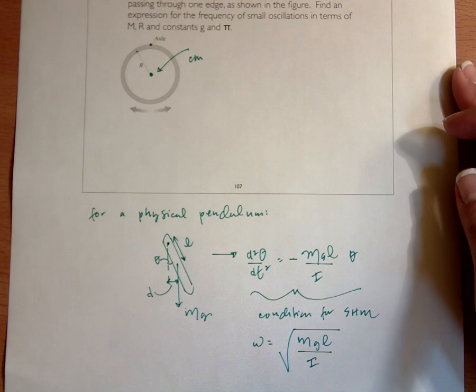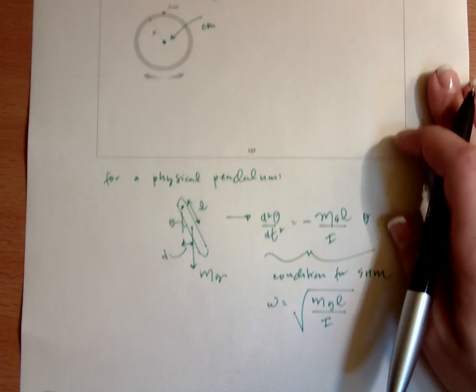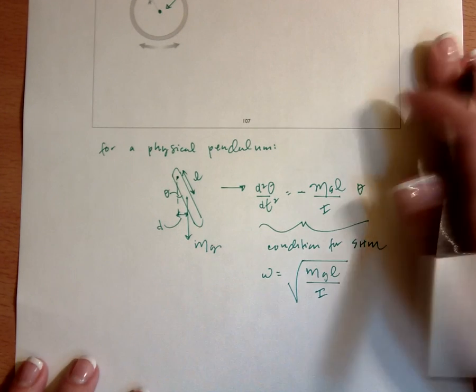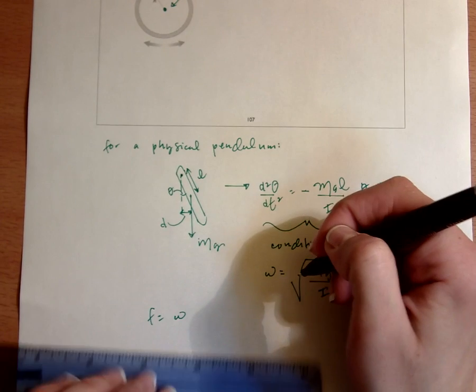So now we have the angular frequency of the system. Now to get the frequency of the system, we divide omega by 2 pi.